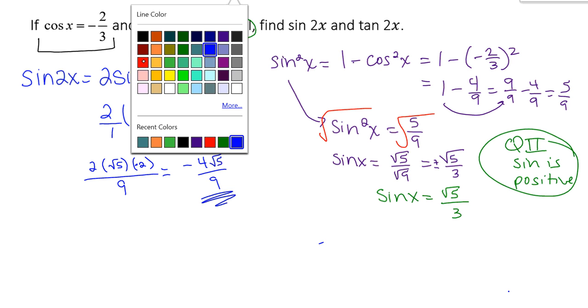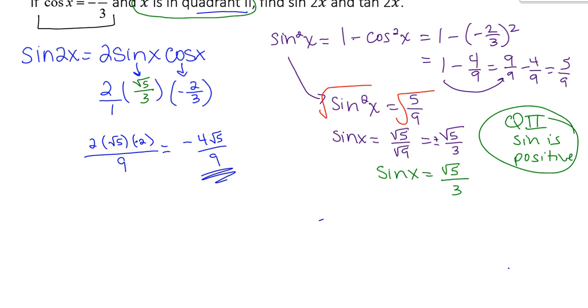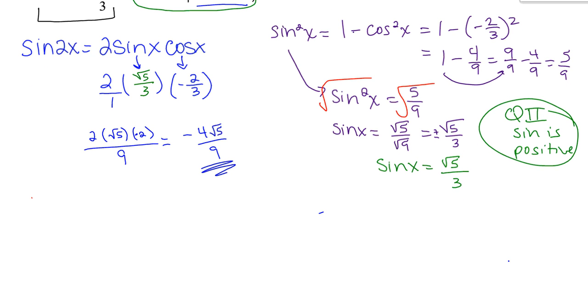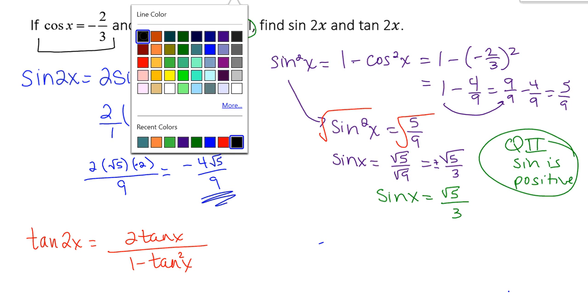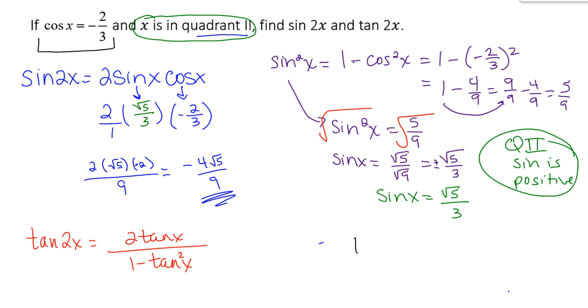Now let's go back and try this tangent of 2x. Tangent of 2x formula says 2 times the tangent of x over 1 minus the tangent of x. Just kidding, 1 minus tangent squared. So we need tangent. Let's check it out over here. Again, the tangent of x you can think of as the sine of x over cosine of x.